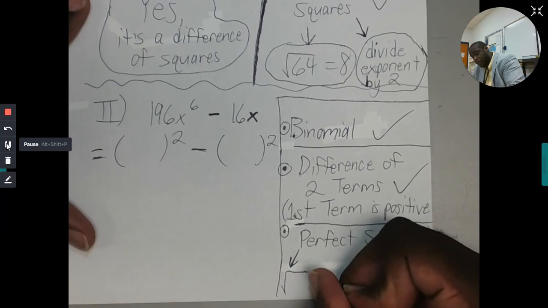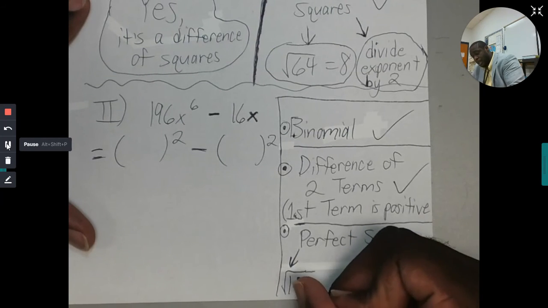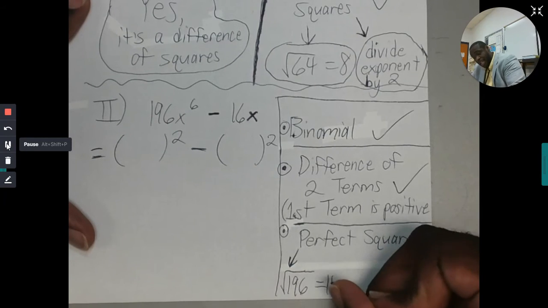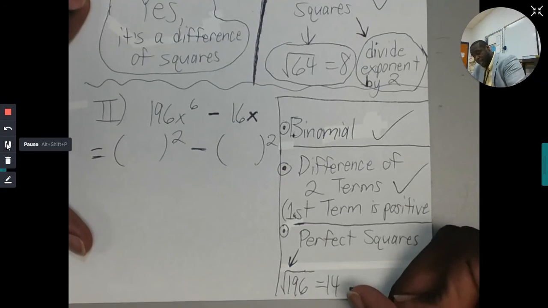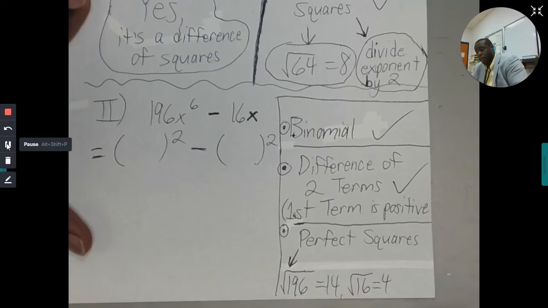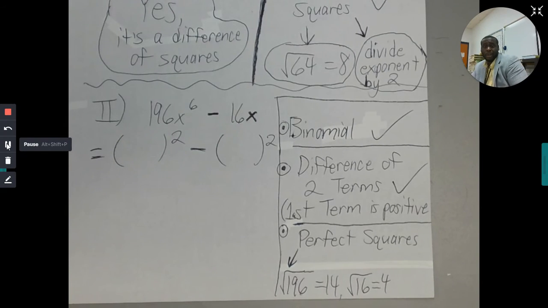If those give you whole numbers, the square root of 196 is 14. That's a whole number. What about the square root of 16? That gives you 4, right? So that's a whole number. So that's one part of it. And so we're able to take the square root of those numbers.